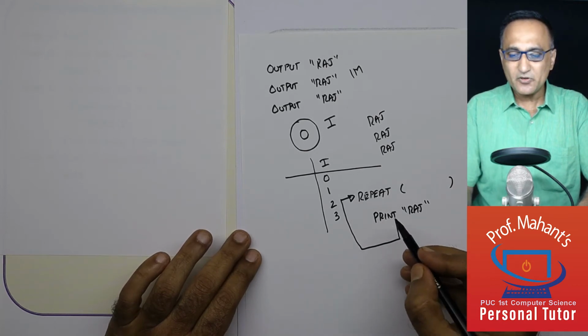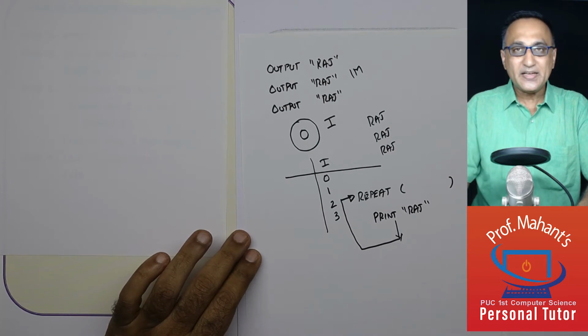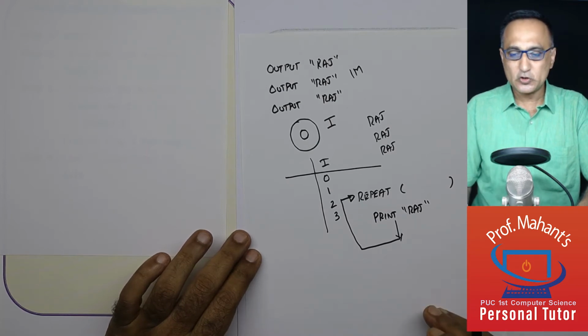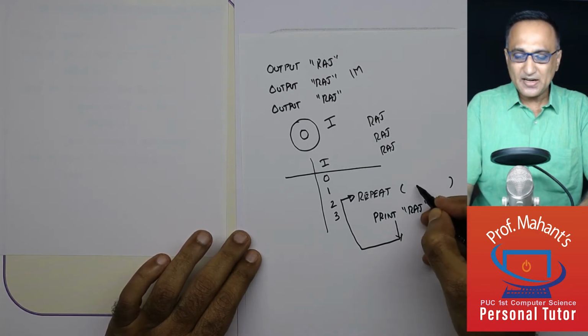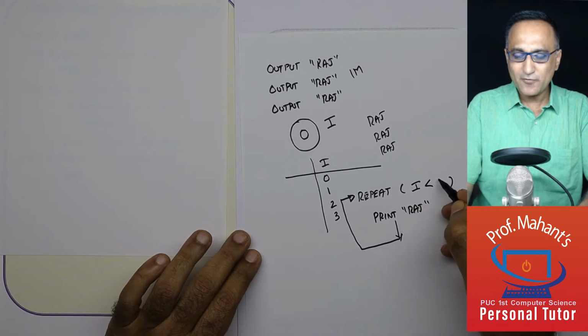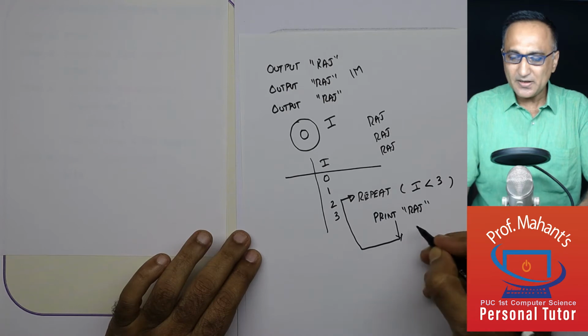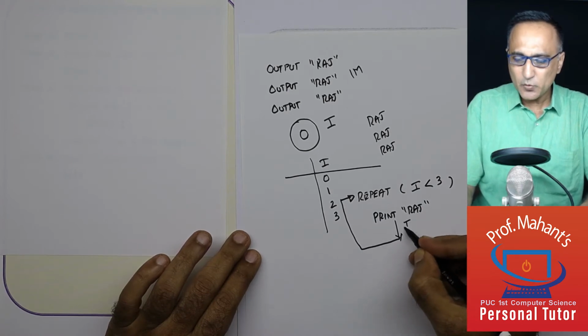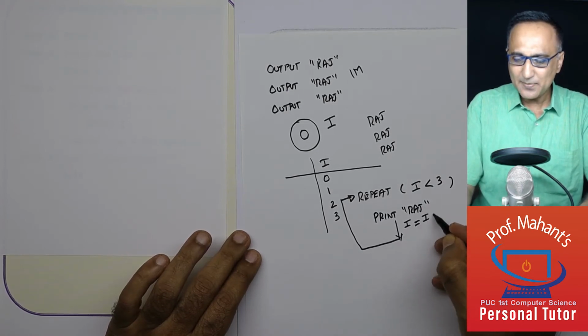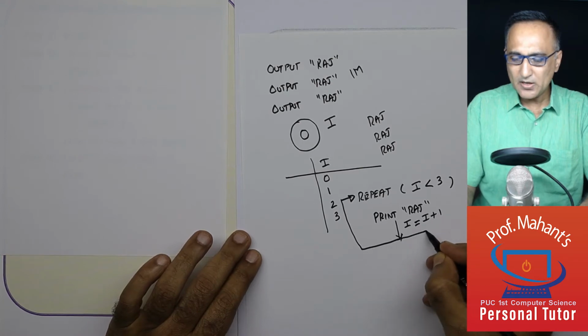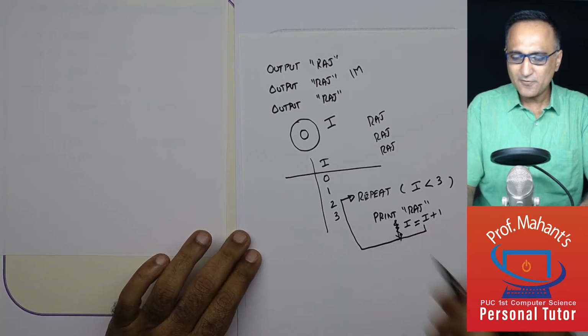The only problem with this repeat print Raj is it is going to keep printing Raj forever. It doesn't stop. So what I can do is I can put a condition. What I can say is print Raj as long as the value of I is less than 3. So what I do is after I print Raj, the next statement I say I is I plus 1. Okay. So now I connect it here instead of here.